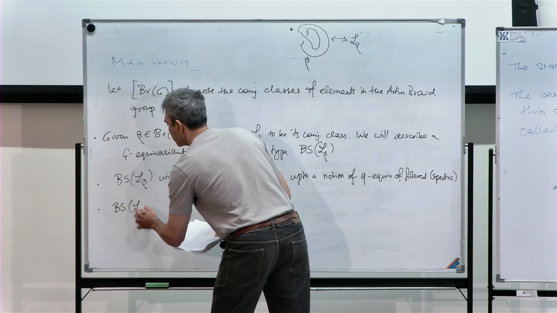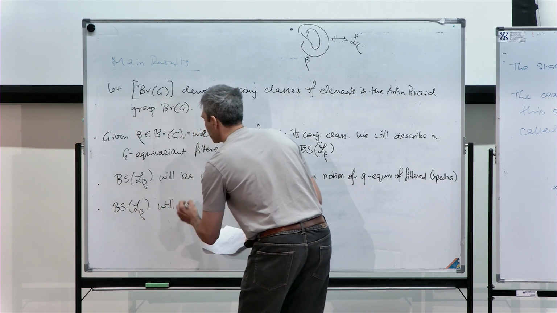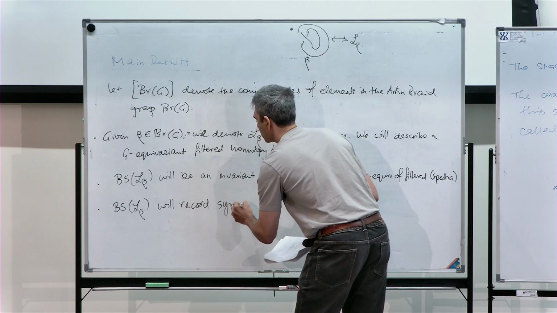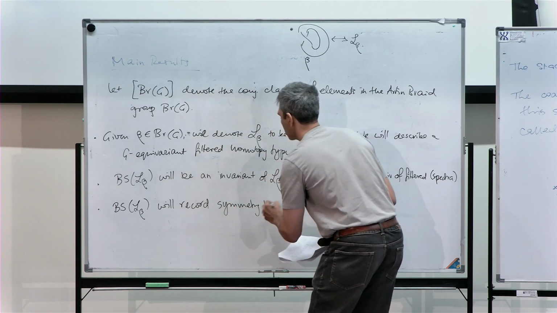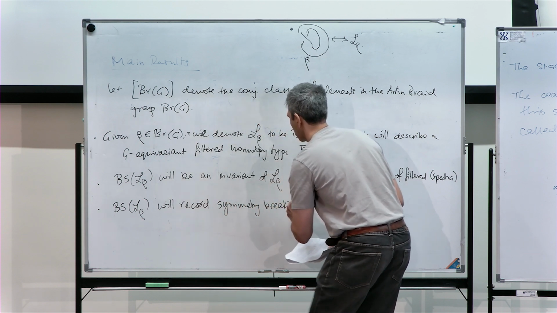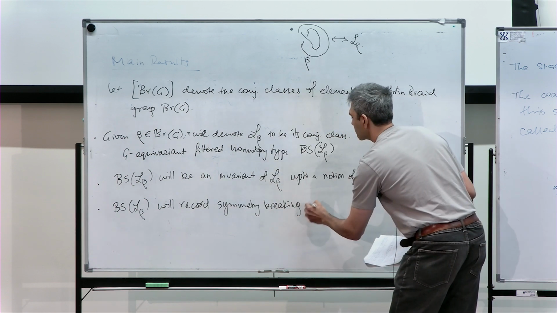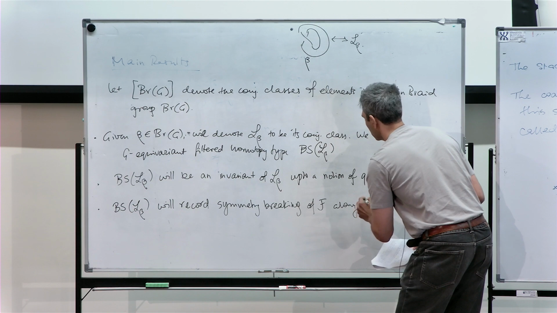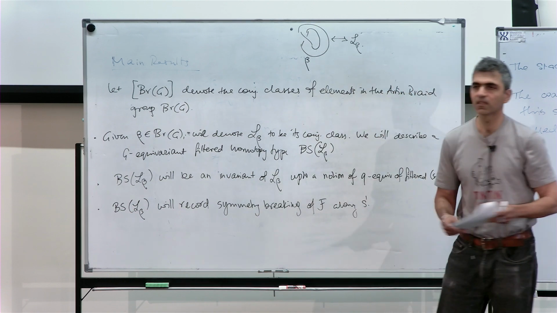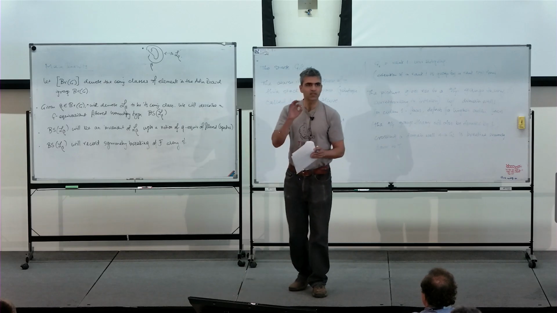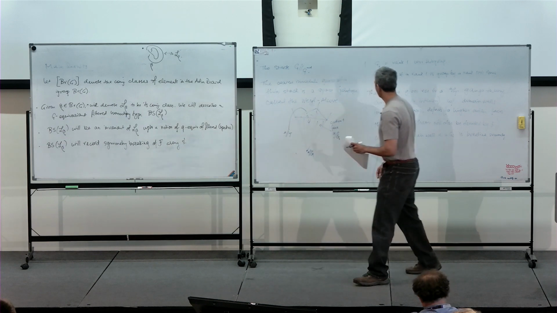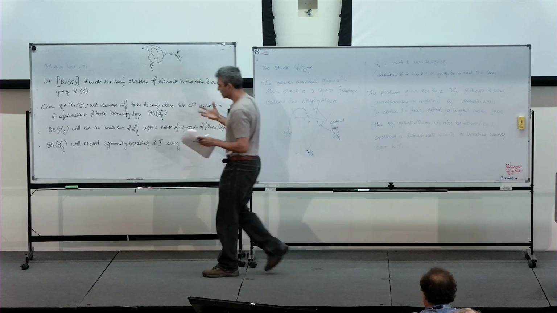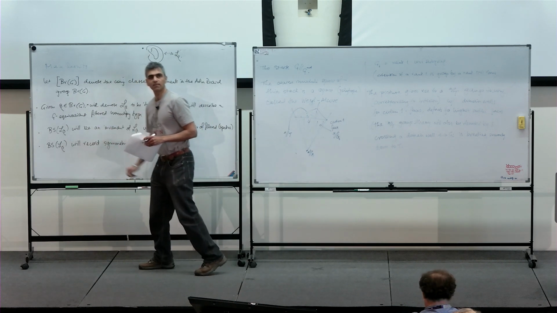BS of L of beta will record symmetry breaking of my theory F along S1. So I take a circle and I break my symmetry on that circle in this theory that I'm calling F. So that combinatorial structure will be recorded by this homotopy type.